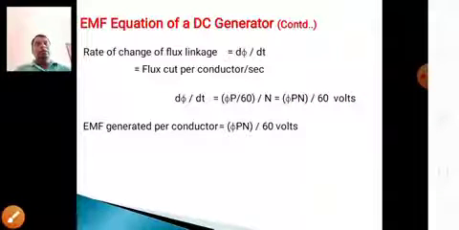N goes upwards. The EMF generated per conductor is phi P N by 60 volts. EMF is always in volts.